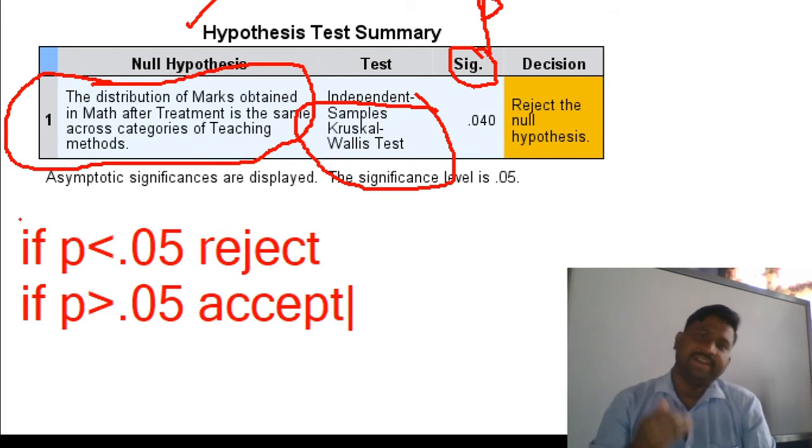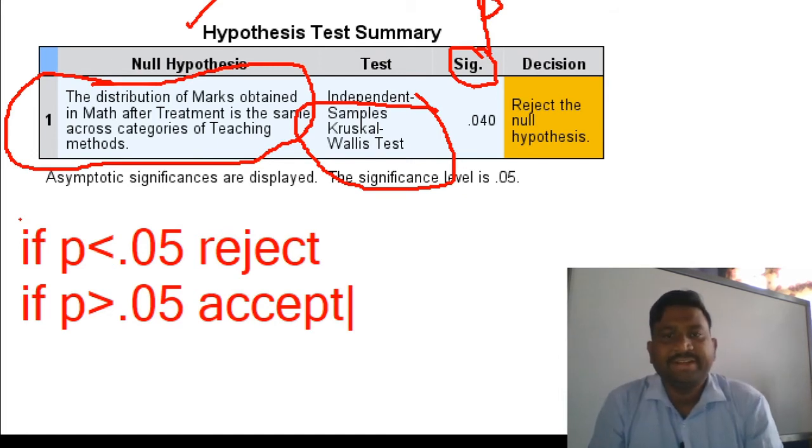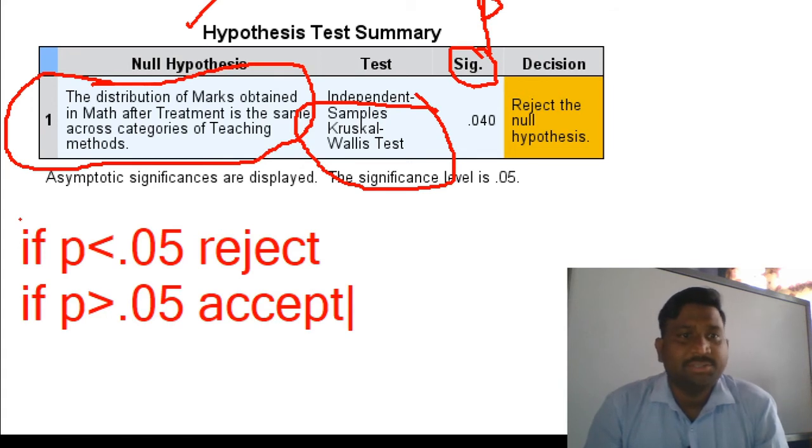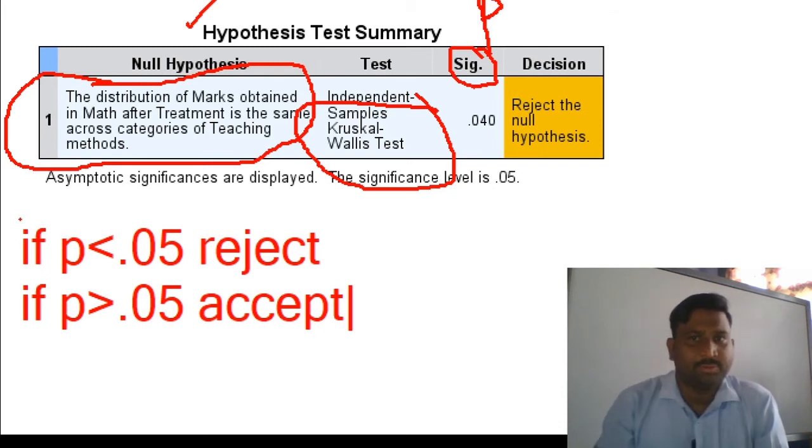So here it is the case: the significance value is less than 0.05. Less than 0.05 means we have rejected the null hypothesis.